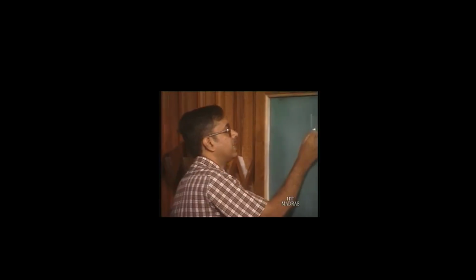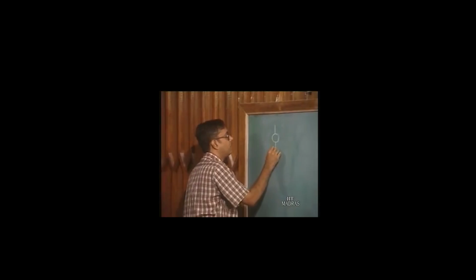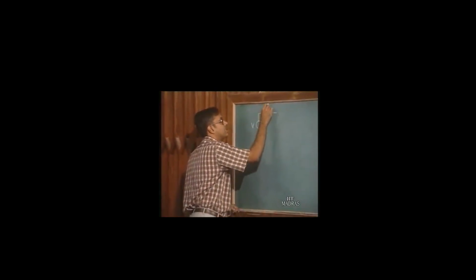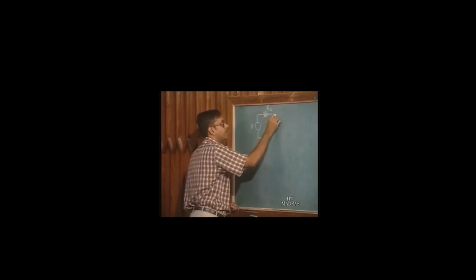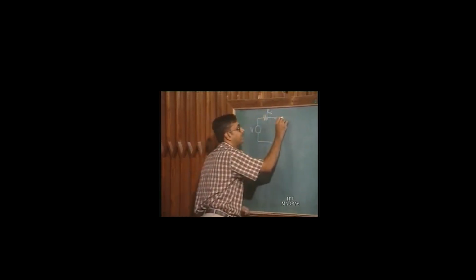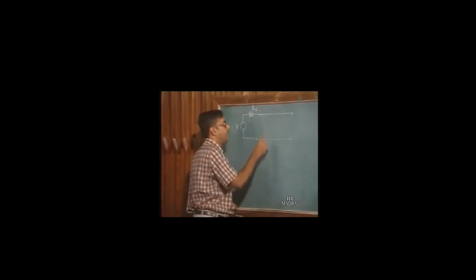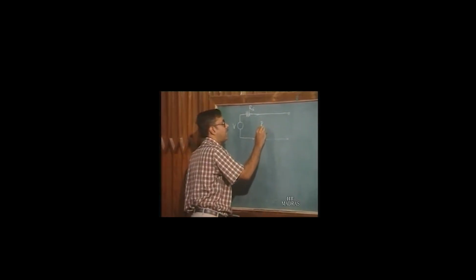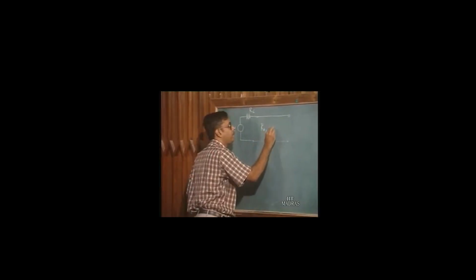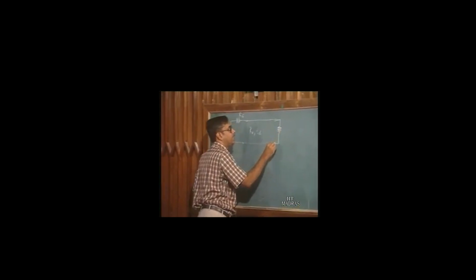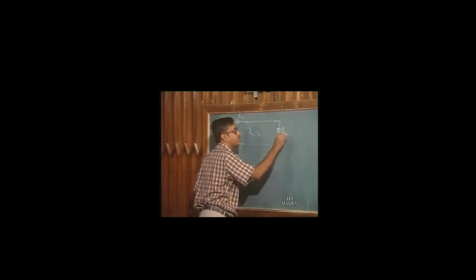Now, let us consider a voltage source V having source resistance Rs, driving a transmission line having a characteristic resistance R naught and a delay Td, and a load resistance of RL.